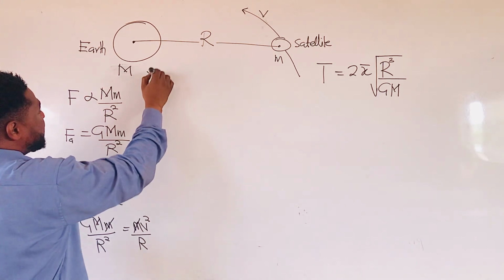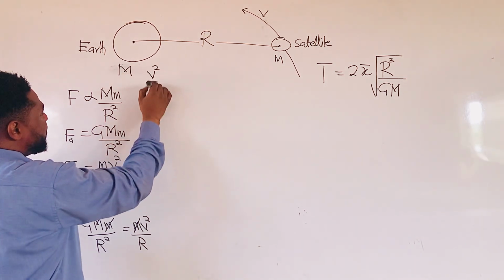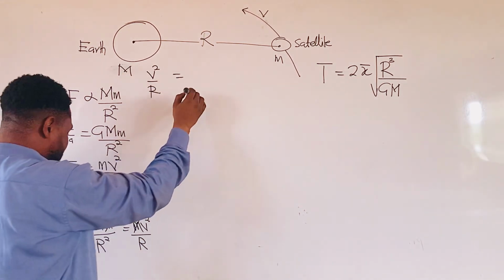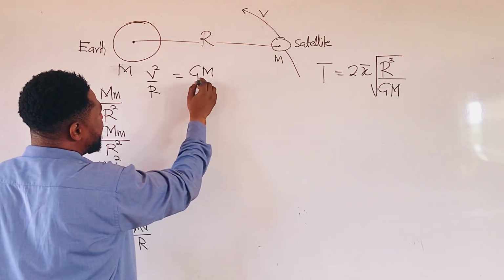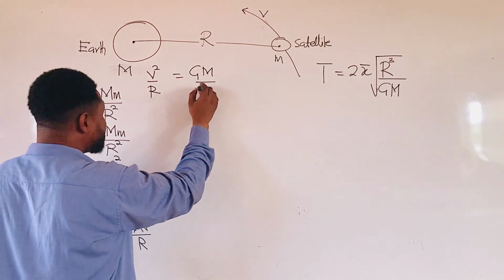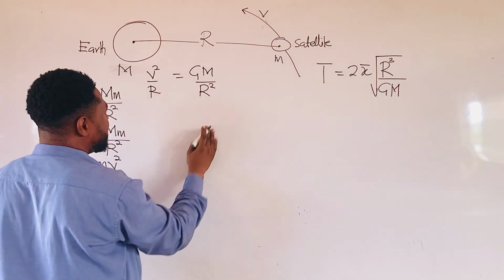Then we can have v squared divided by r equal to big G, big M, divided by r squared.